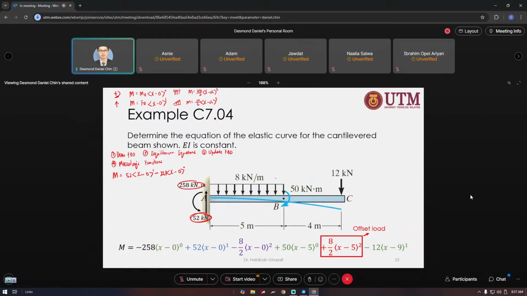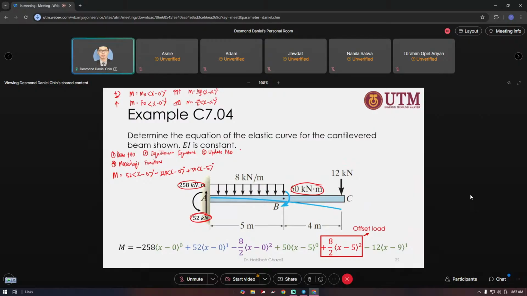Next, I would like to focus on all the moments and point loads first. I have this 50 kilonewton meter, which is in clockwise motion. So therefore, it is positive 50 bracket x minus 5, power 0.